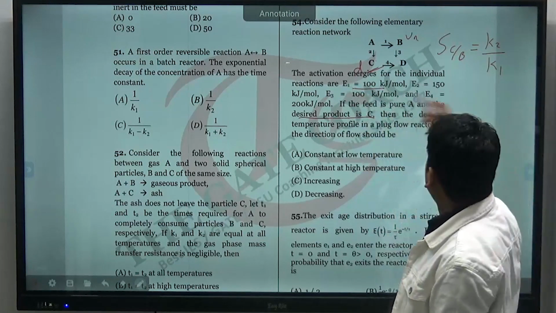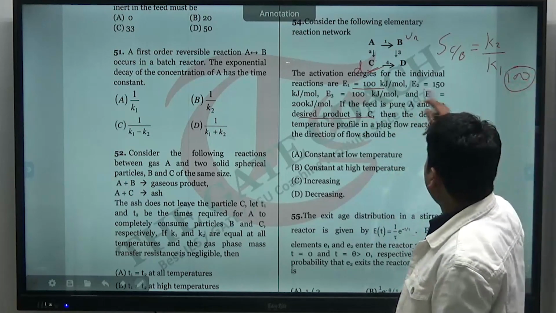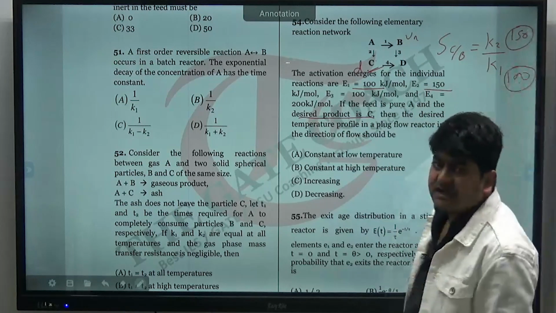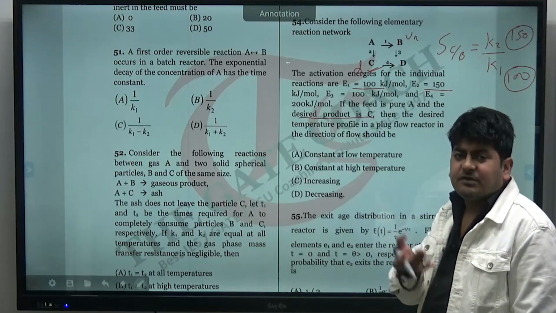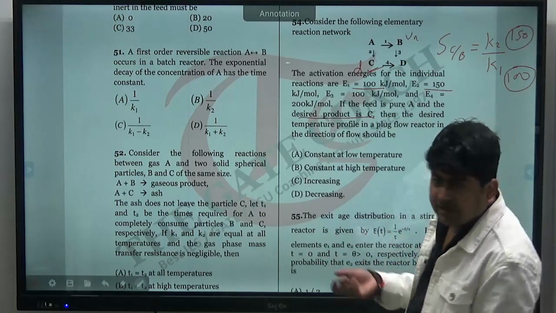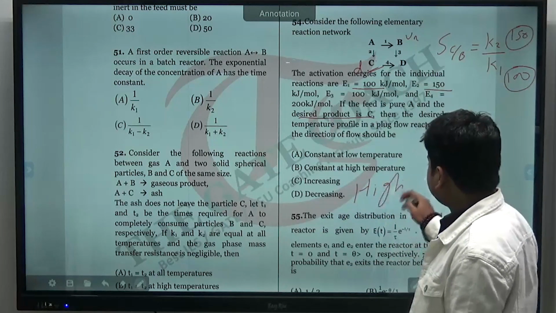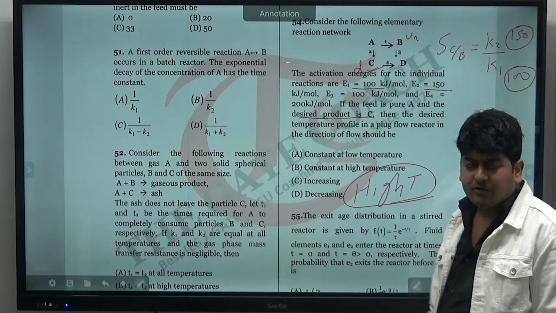So here K1 is 100 means the activation energy E1 is 100, K2 is 150 means activation energy is 150 for the desired step. And as I have already told you, if the activation energy of the desired step is high, I will keep high temperature. So I will keep high temperature initially.